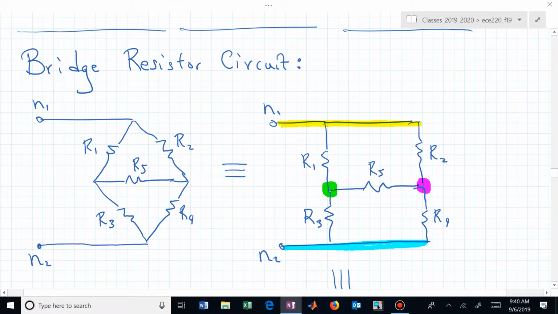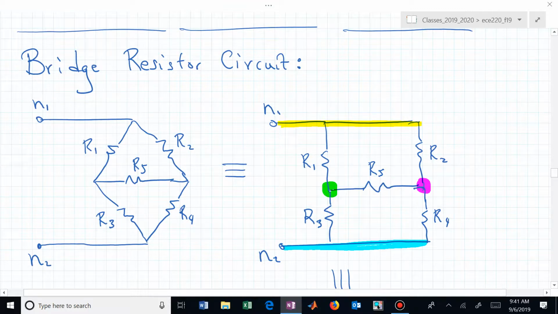Here's our bridge circuit. And getting colorful, but those colors will start to, I hope, make sense in a minute. The bridge is R sub 5.